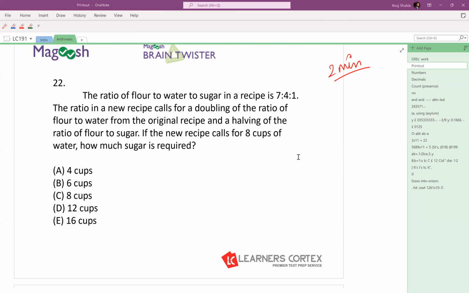Okay. Flour, water, sugar. Let me write. So flour, water, sugar. What is the ratio?